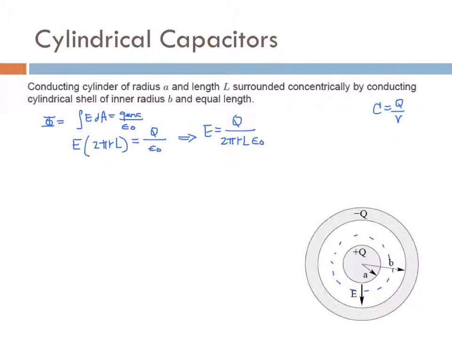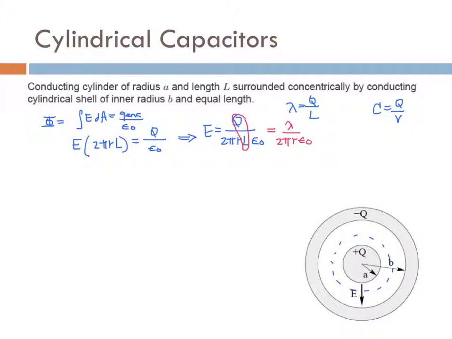When we first did this derivation, we said that lambda was equal to Q over L, so we make that substitution also. Q over L gives me lambda over 2 pi r epsilon naught. So this is my electric field between a and b.